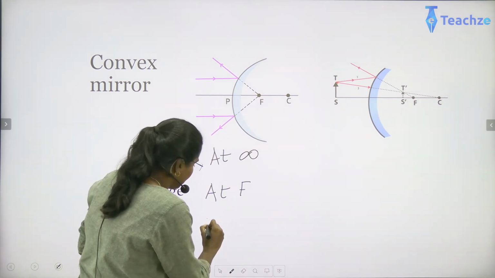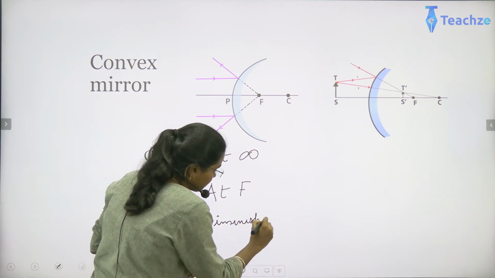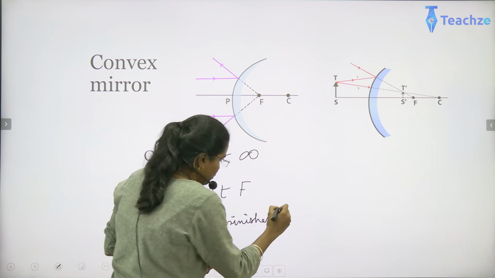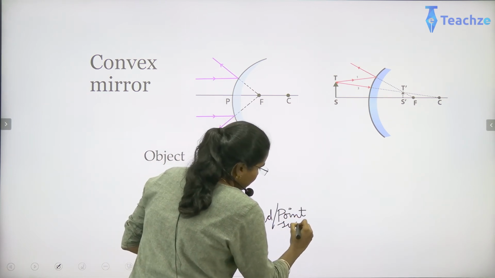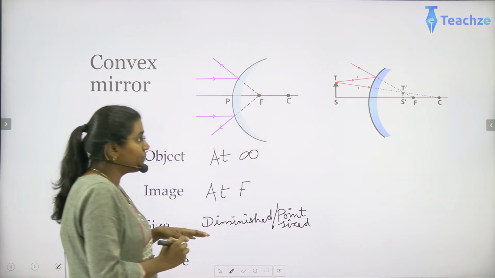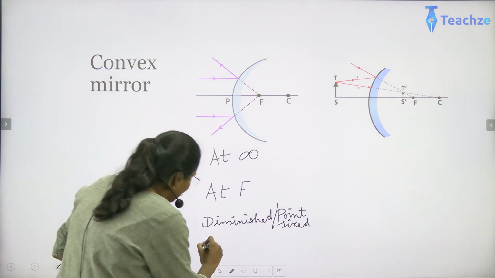So it will be again diminished, or point sized. But the nature of the image formed by convex mirror will be virtual and erect.